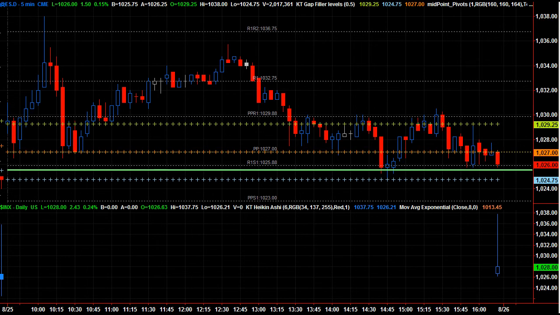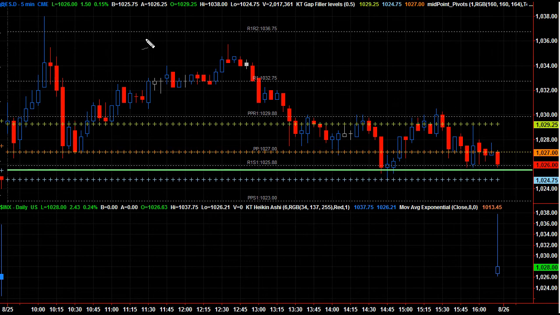In today's case, we had a 4.5 point gap, and 4.5 points is not a big gap to fill. Most people would say, yeah, do it in a heartbeat, but today it was a lot of heat before we even came close to getting a full gap fill.